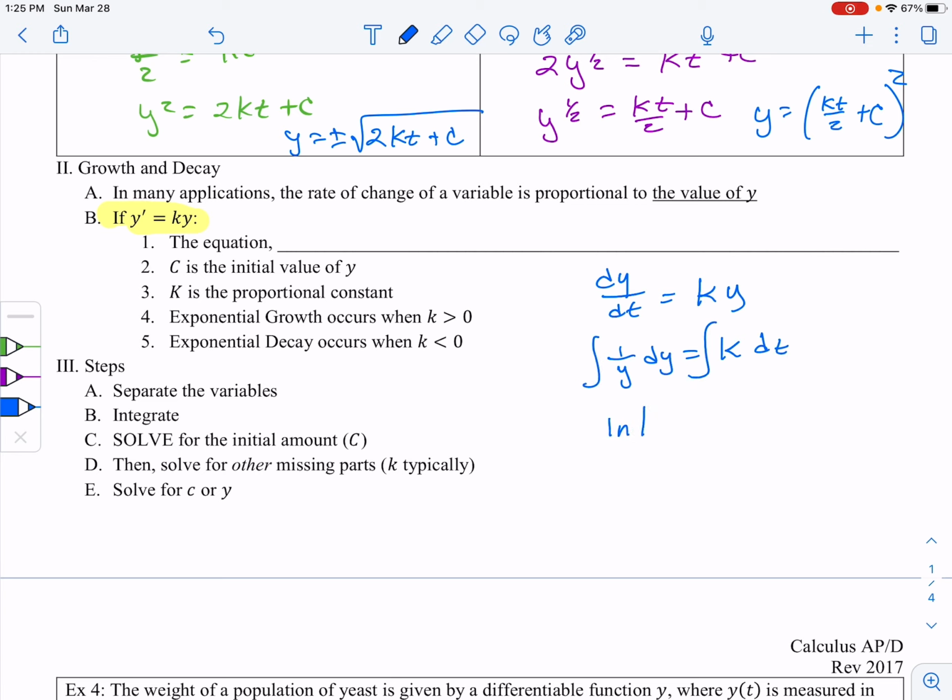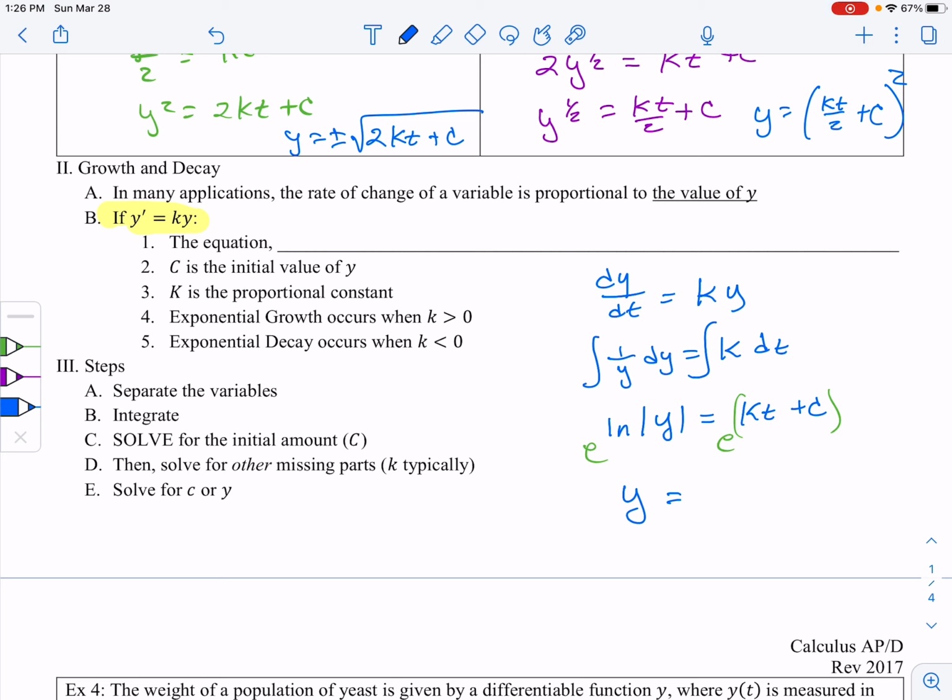This is the natural log of the absolute value of y equals kt plus c. And then you raise e to that power, right? That was what we did yesterday. So this becomes y. No longer need the absolute value because the range of the e to a power function is positive. So we're good to go.